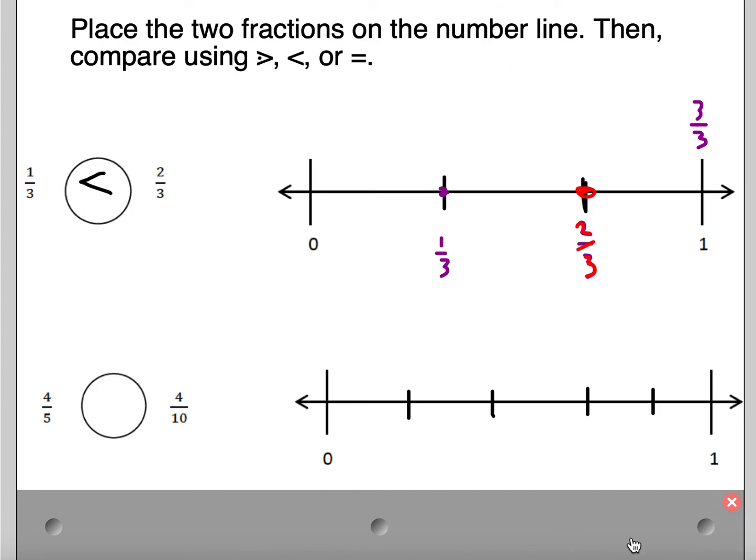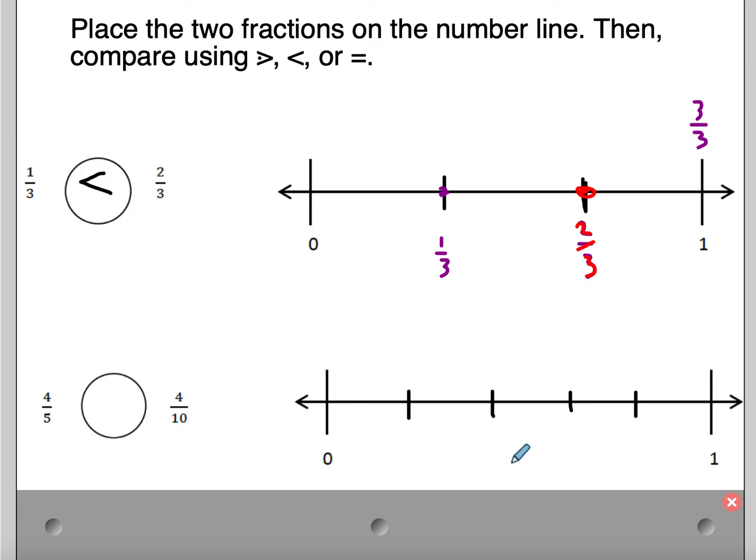And let me fix this because this doesn't look very even in my mind. Here we go, 1, 2, 3, 4, 5. Okay, I actually want to fix this again. I don't like the way it's looking. Make it a little bit more even. All right, that's better. So we have 1, 2, 3, 4, 5 equal pieces, but we also want to represent tenths.